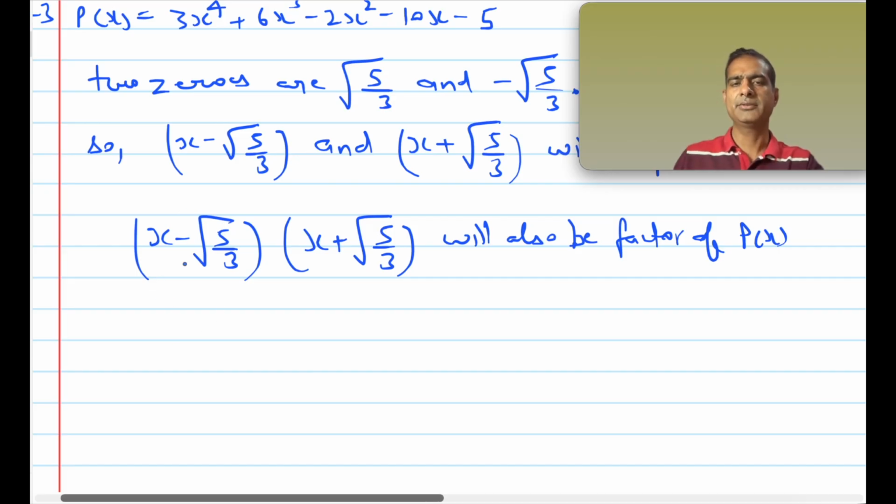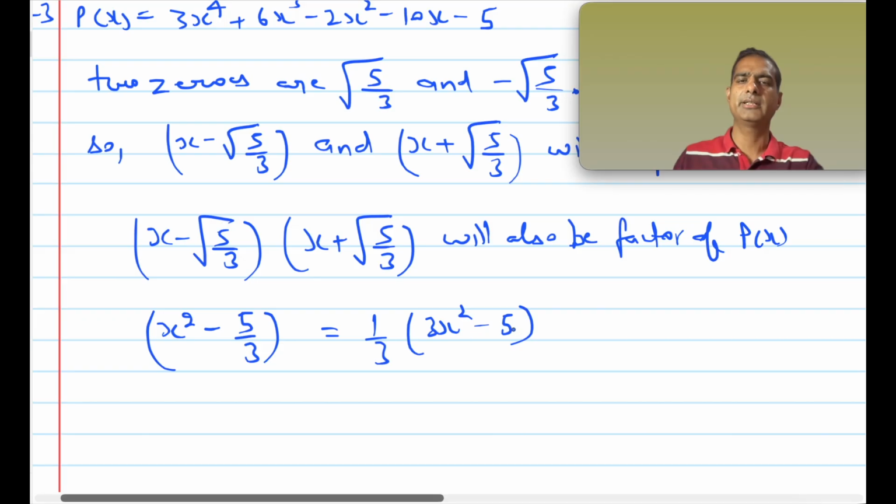Now by using the formula a minus b into a plus b, I can say x square minus 5 by 3 is also a factor of that polynomial. If I simplify it, we can take 1 by 3 common, so it will be 3x square minus 5. So 1 by 3 times 3x square minus 5 is a factor of this polynomial.